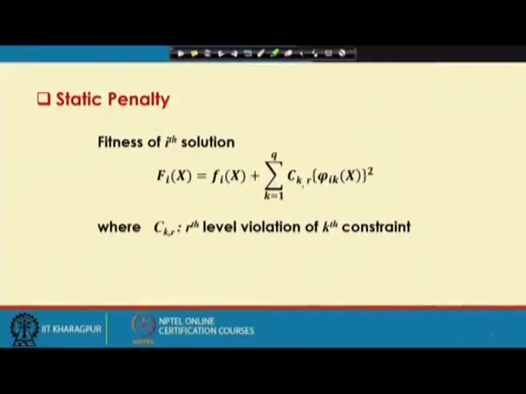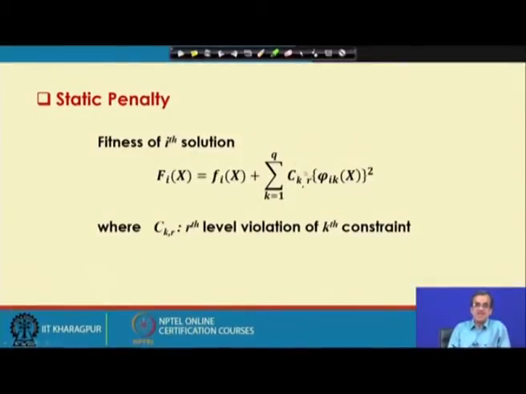If one is more important and another is less important, we can assign two different numerical values for this C_kr.